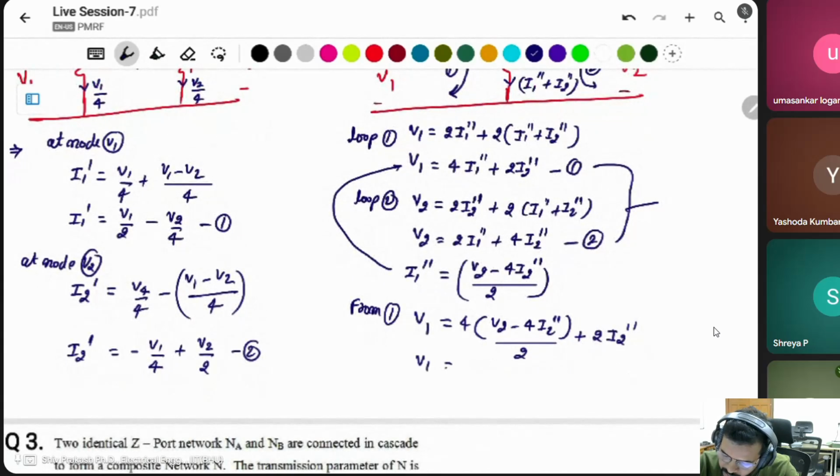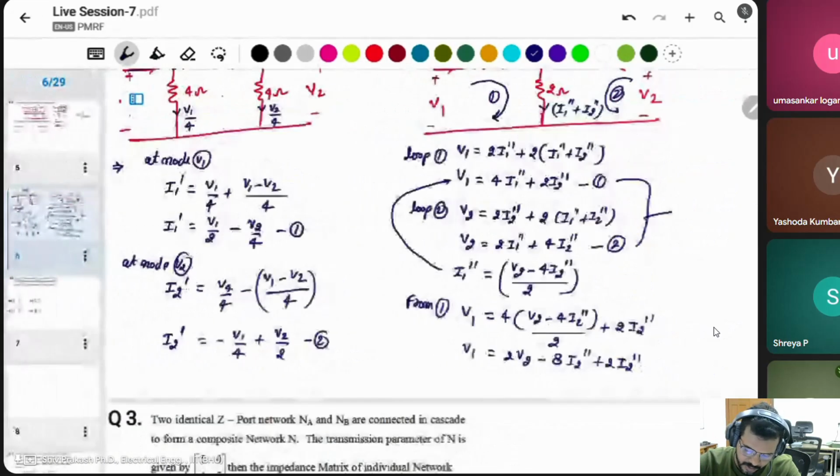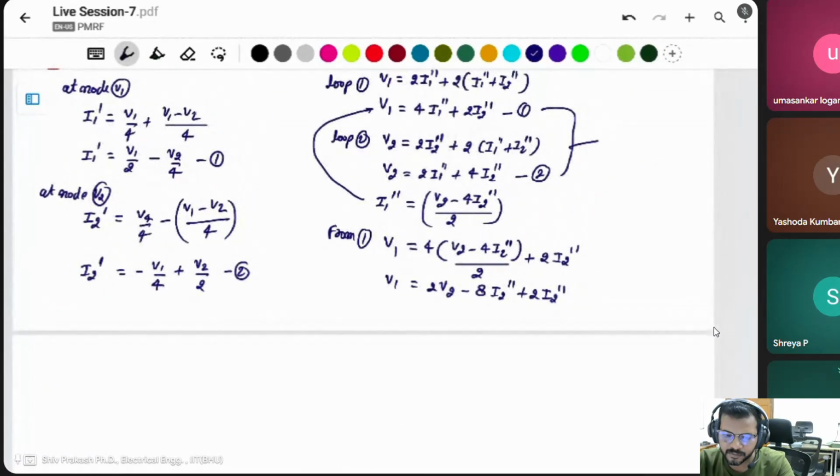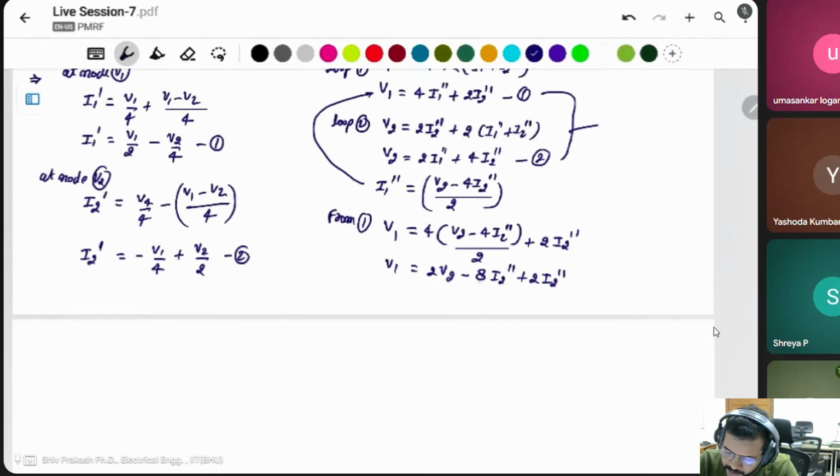This is V1 is equal to 2 V2 minus 8 I2 double dash plus 2 I2 double dash, which is minus 6 I2 double dash. Transferring to the left hand side, 6 I2 double dash is equal to minus V1 plus 2 V2.